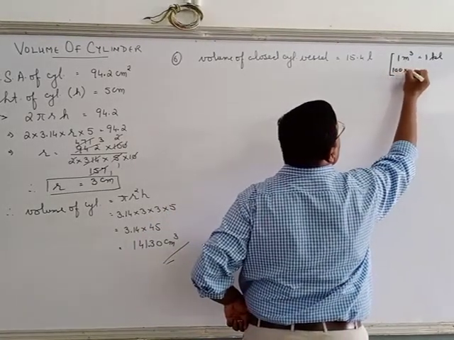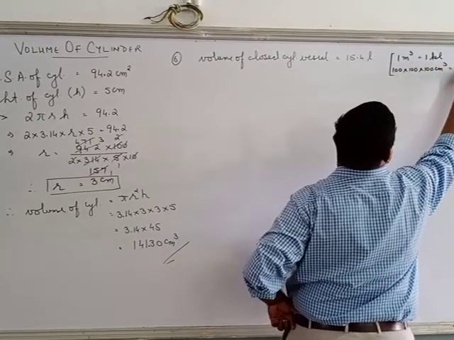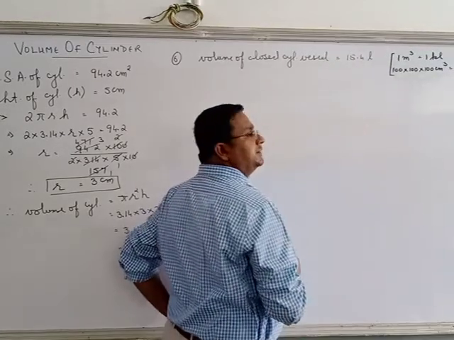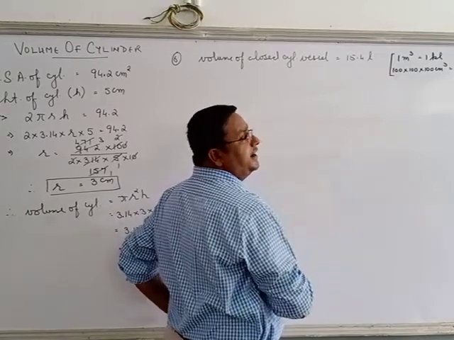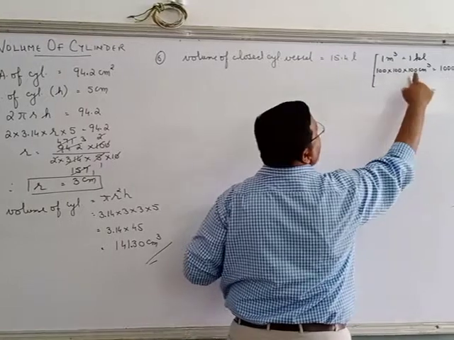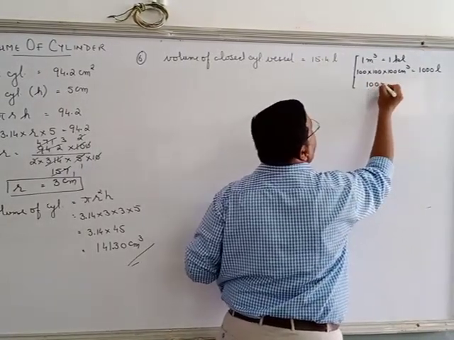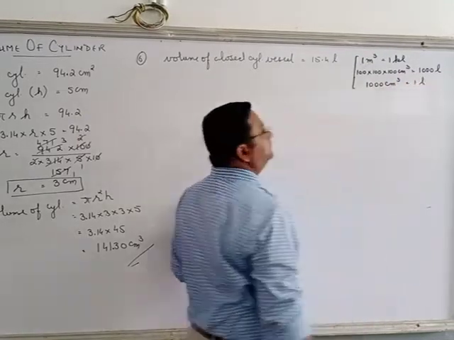So 100 into 100 into 100 centimeter cube is equal to 1000 liters, 1 kiloliter. For your convenience, I am writing all these so that you remember. Now convert it. 3 zeros are gone. So 1000 centimeter cube is equal to 1 liter.